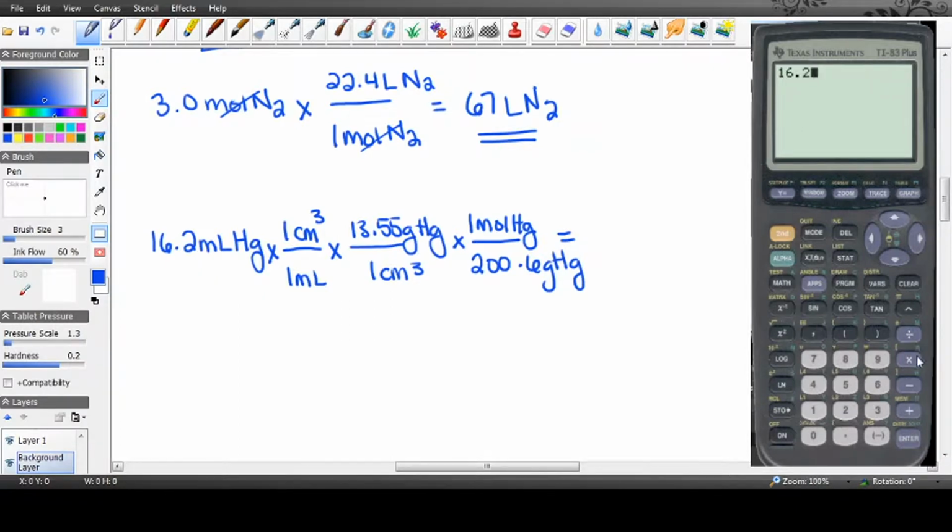I'm going to multiply across the top times 13.55, divided by what's on the bottom, the 200.6. 1.09 moles. 1.09 moles of mercury.